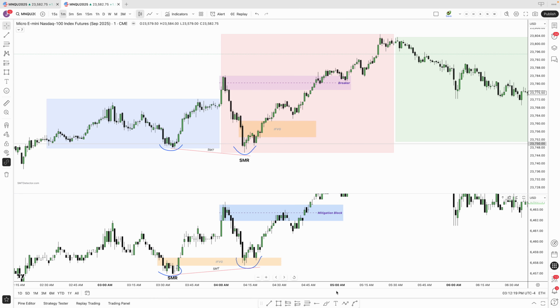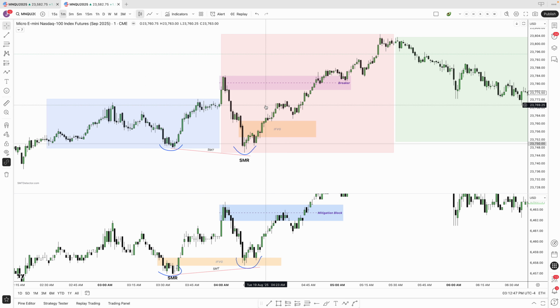Sometimes there will be a little breaker in here that you can get long off of. But that's not the case here. We just have up close candles, order blocks. There's the first CSD. Okay. So instead of waiting until 4:54 to get in, you can get in right here at 4:23.